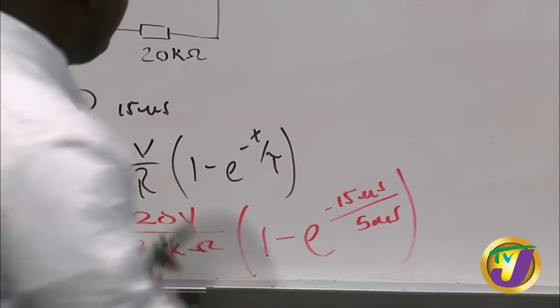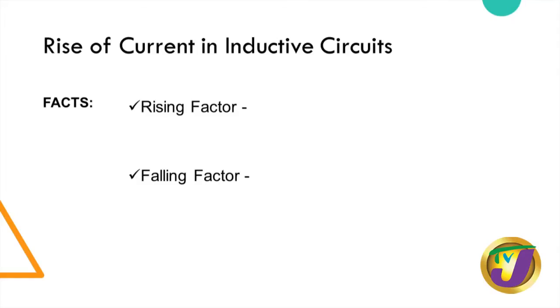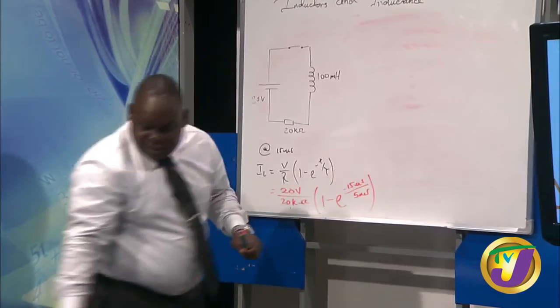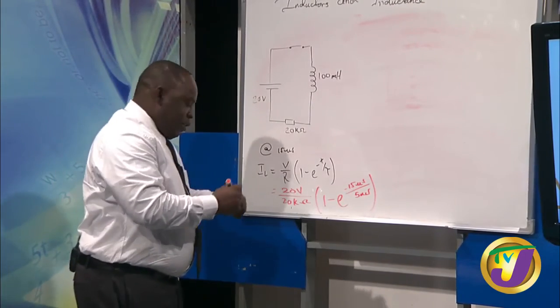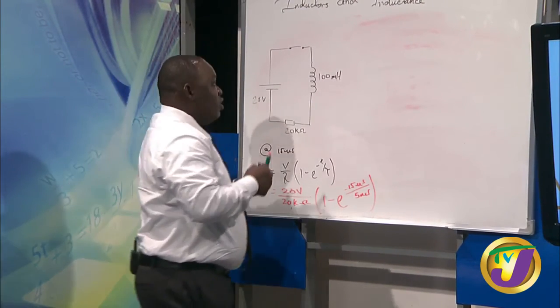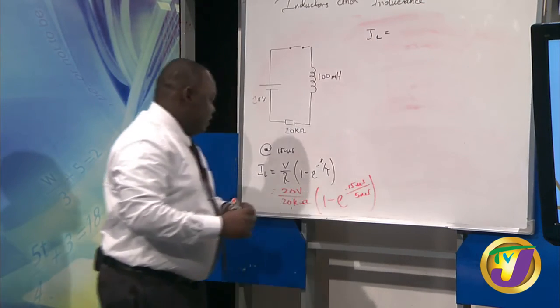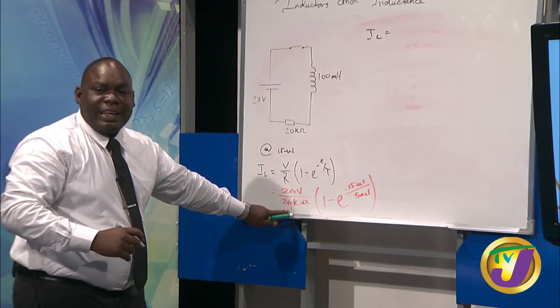Now, if we should just move on to this side of our board, then we're going to be reducing our circuit now. So if we should say IL is equal to what? 20 volts divided by 20 kiloohm.